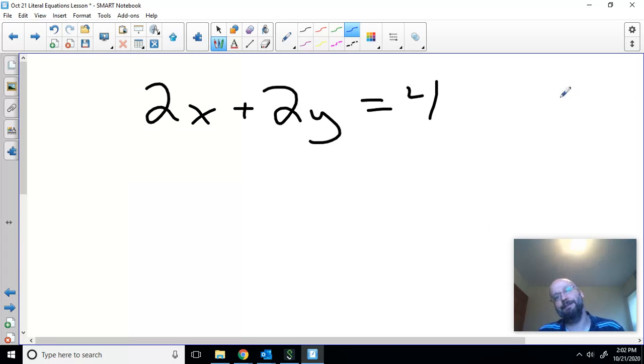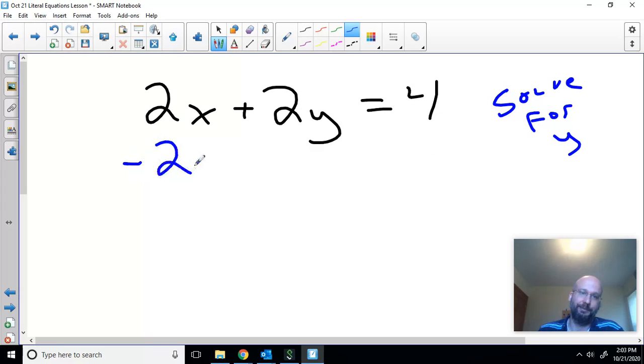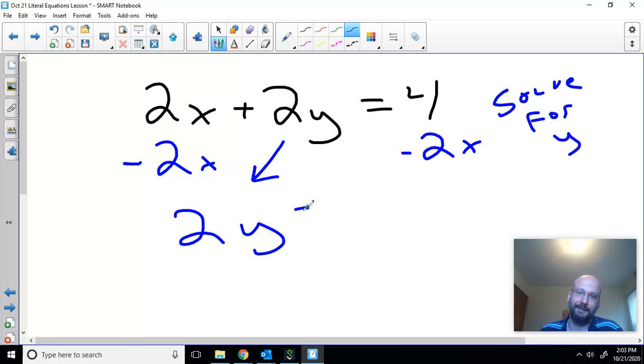Let's do this one. Let's do solving for y. You're going to end up having to do a lot of these where you're solving for y. So let's start now and solve for y. Minus 2x. Right? This is just a number. Opposite of this positive number is a minus. So that gives me 2y equals negative 2x plus 4, right?